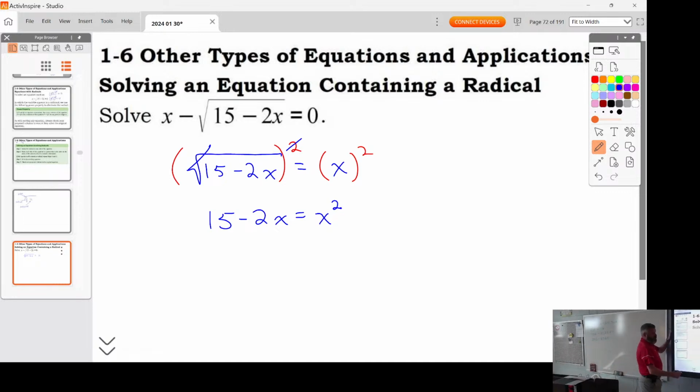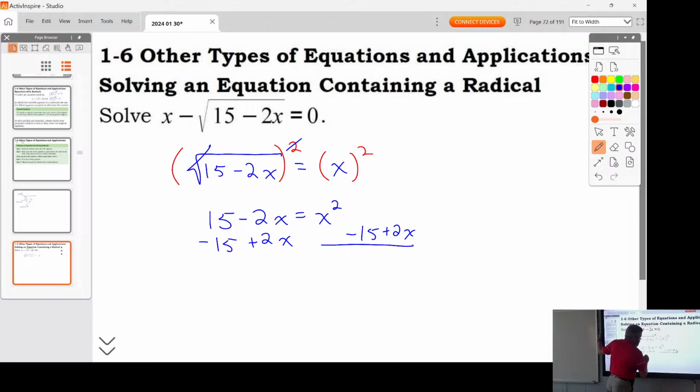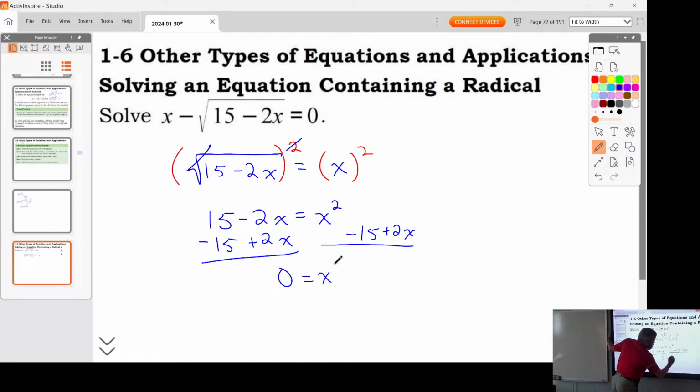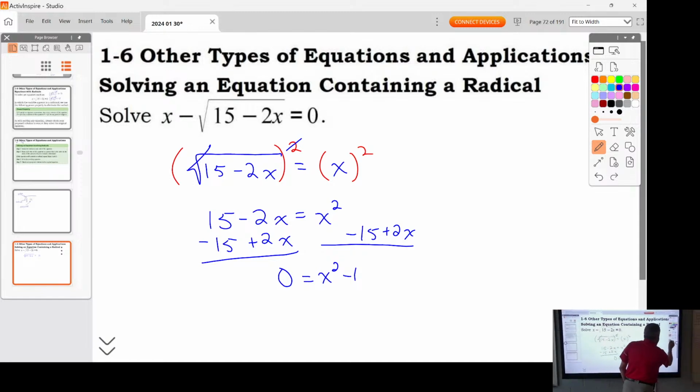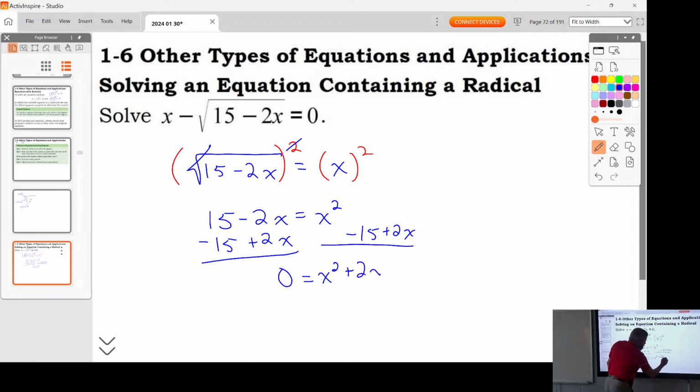So if it's okay with y'all, I will subtract 15 from both sides, and I will add 2x to both sides to take everything to my quadratic term. My left side is now 0. My right side is x squared plus 2x minus 15. Let's put it in order.